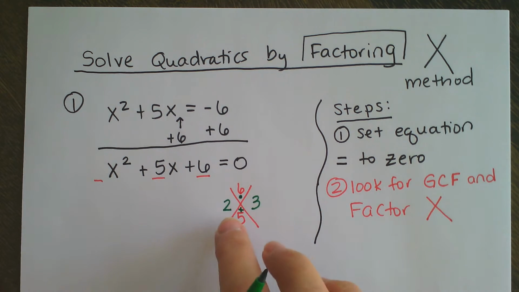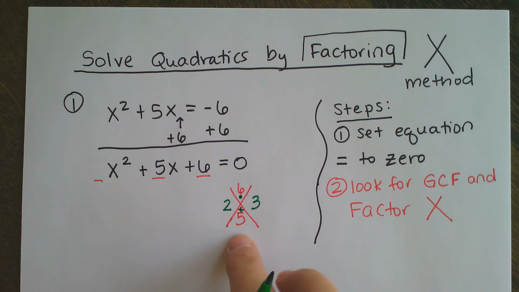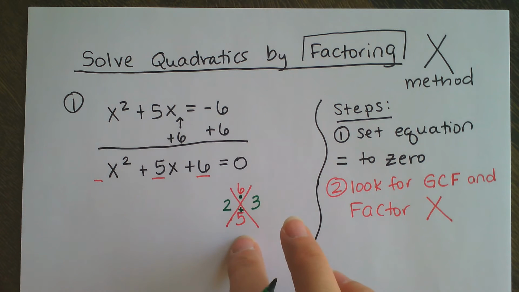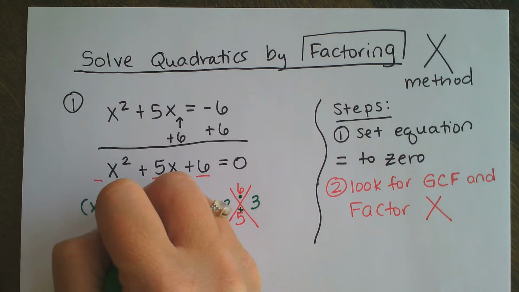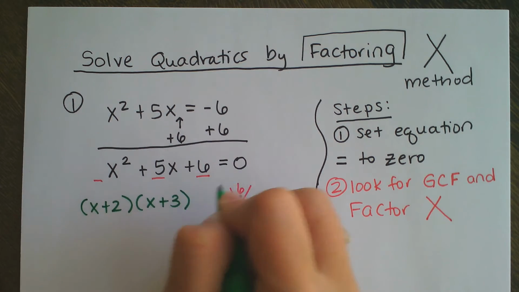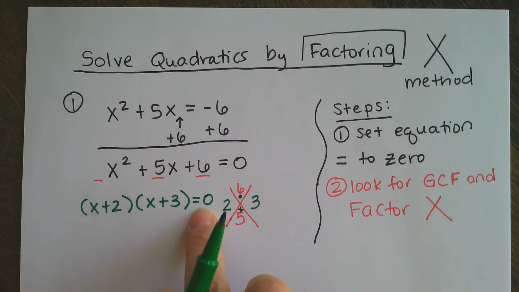Sometimes students will want to use 6 and 1 and say that 1 is negative, and that makes the 5, but nothing about the numbers here have any negatives with them, so I have to use 2 and 3. So I've got x plus 2 and x plus 3. And I still need to remember that this is set equal to 0.